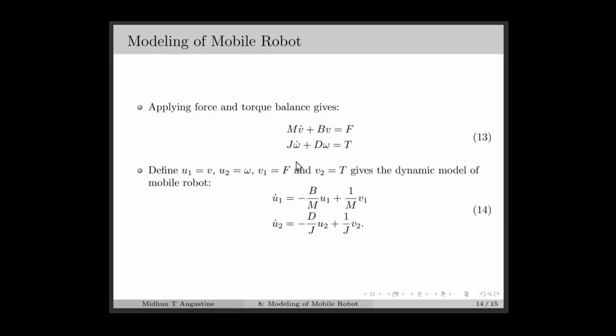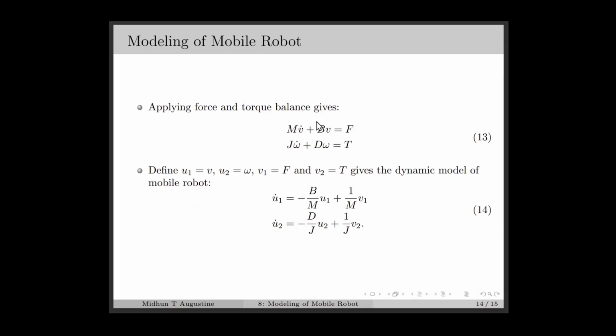Next, we move on to the dynamic model of the mobile robot, where we apply the force and torque balance equations along the mobile robot, which gives m v dot plus b v equal to F, where F is the applied force, m is the mass of the mobile robot, and b is the friction coefficient. Similarly, by applying the torque balance, we obtain J omega dot plus d omega equal to T, where T is the applied torque, J is the moment of inertia, and d is the damping coefficient.